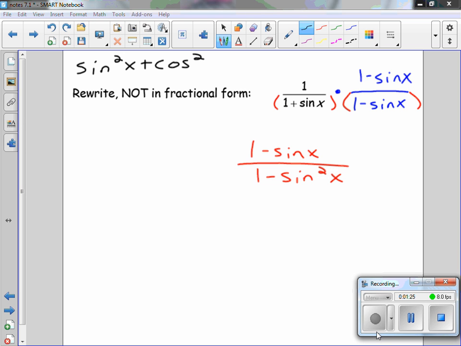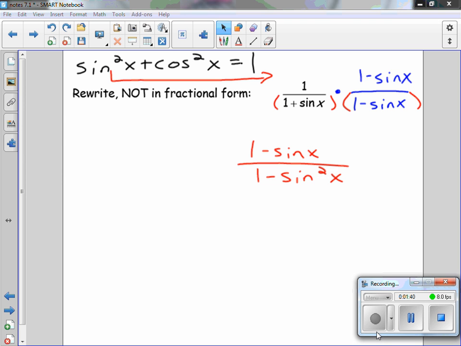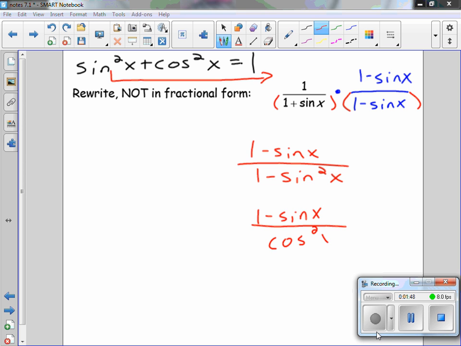That involves sine and cosine, right? 1 minus sine squared would occur if we take this and we move it over, right? So that would be equivalent to cosine squared. So we can replace 1 minus sine squared x with cosine squared x. All right?